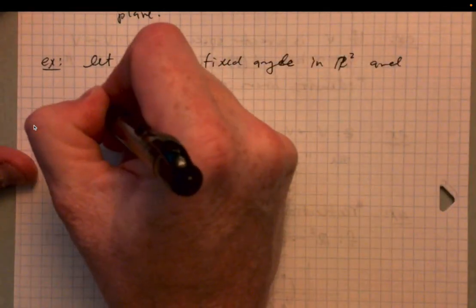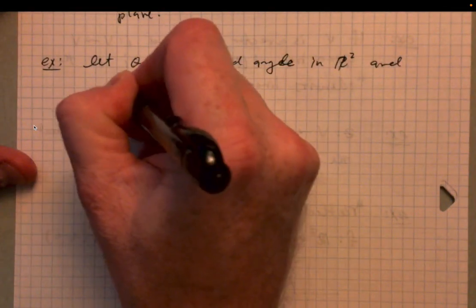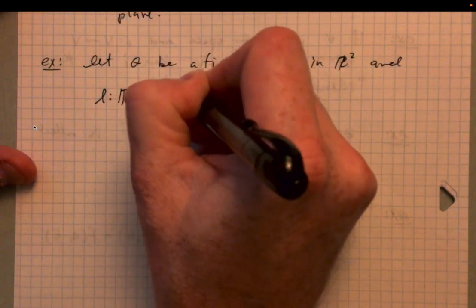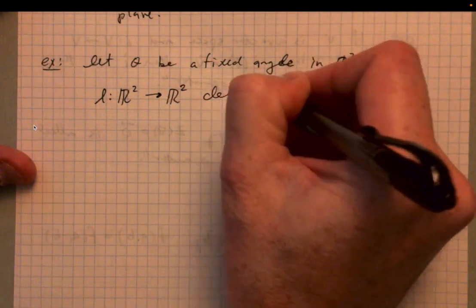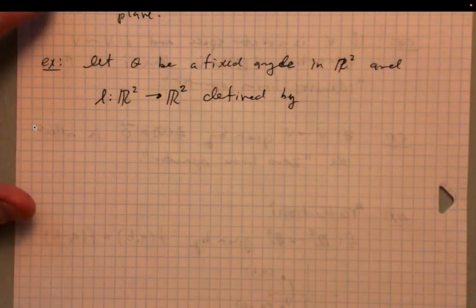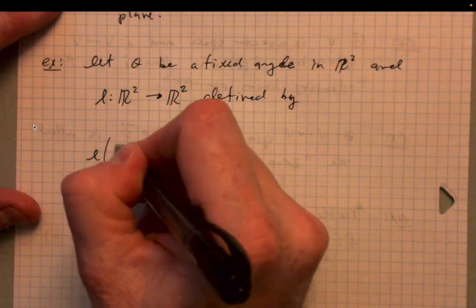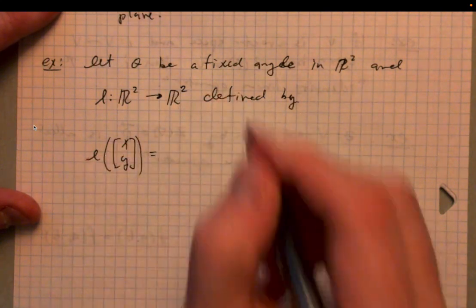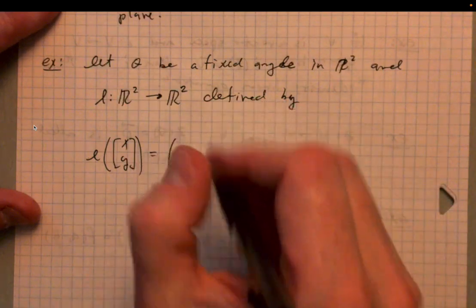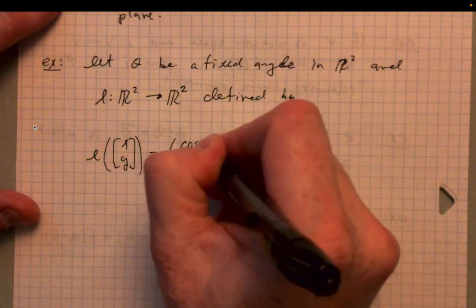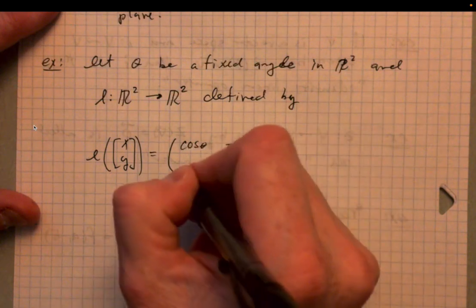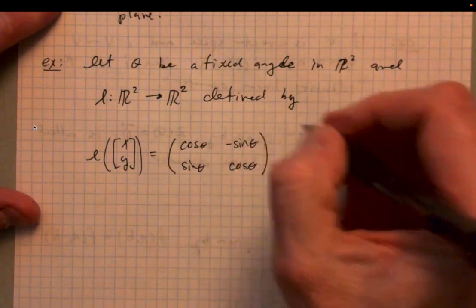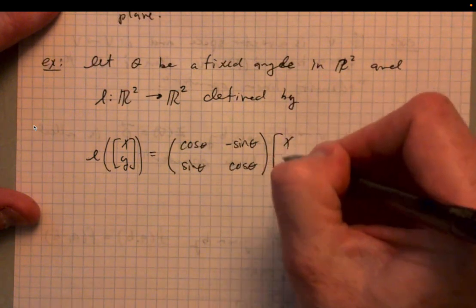Then we're going to say L is the function from R2 to R2 defined by L of a vector (x, y) equals a matrix product: the matrix with rows cos theta, negative sine theta, and sine theta, cos theta, times (x, y).